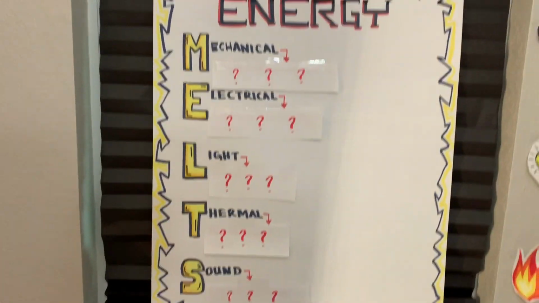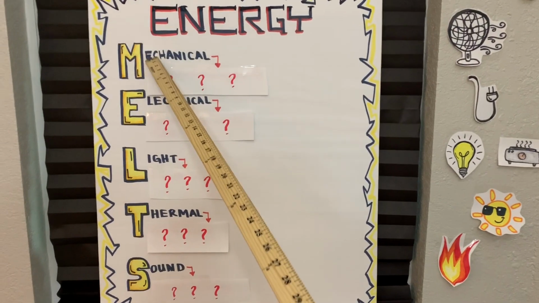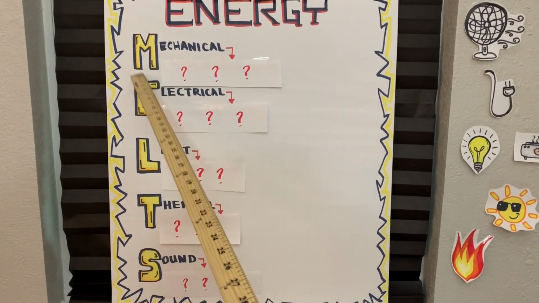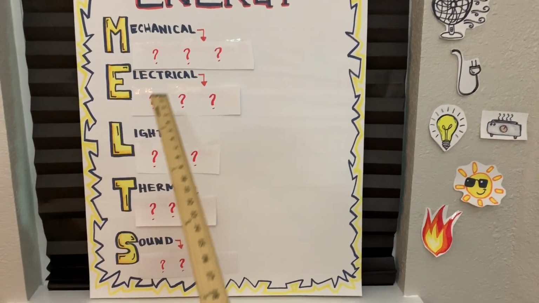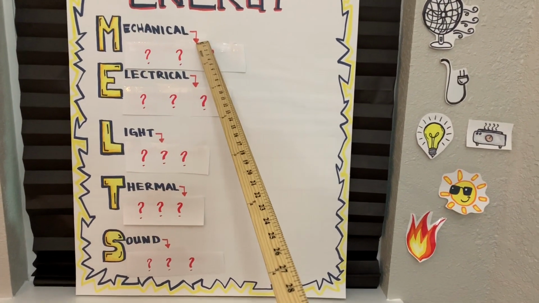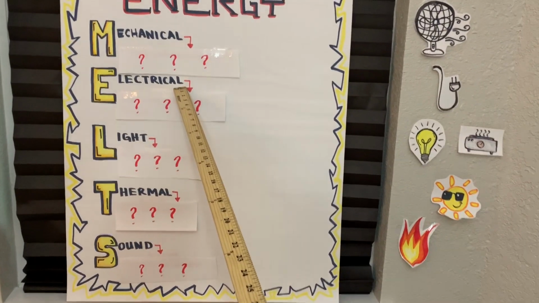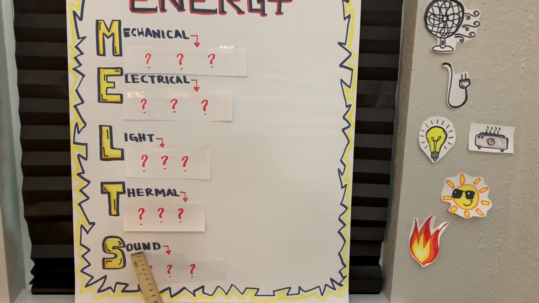That is an acronym. An acronym is a word whose letters are the first letters of other words. Today we are going to be talking about these 5 types of energy: mechanical, electrical, light, thermal, and sound.